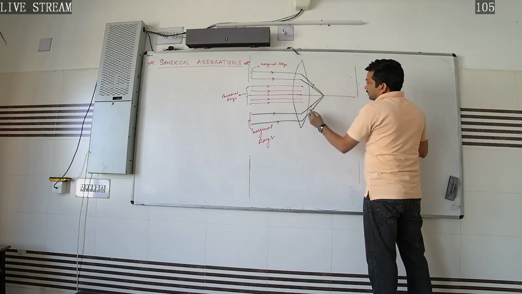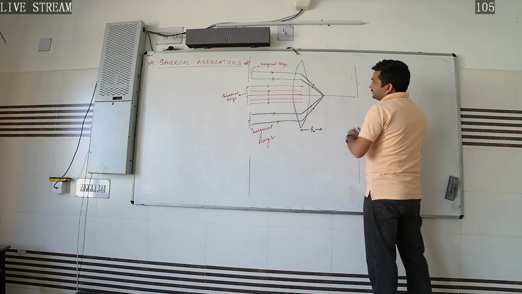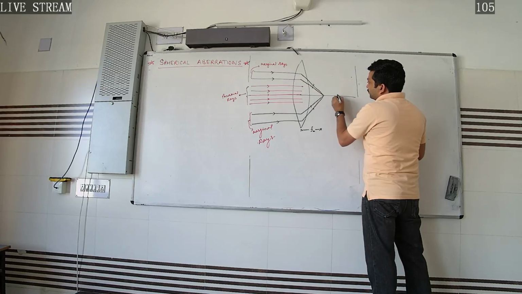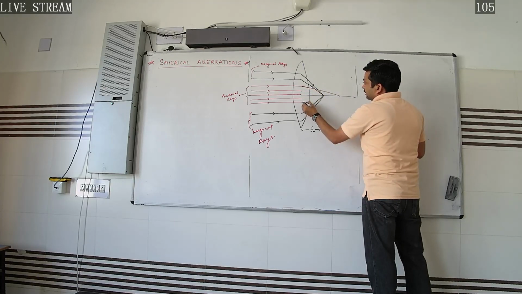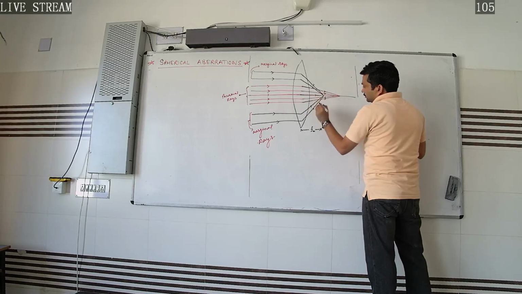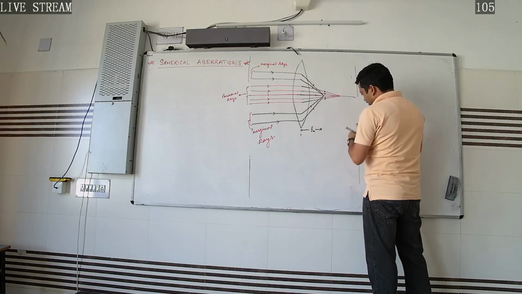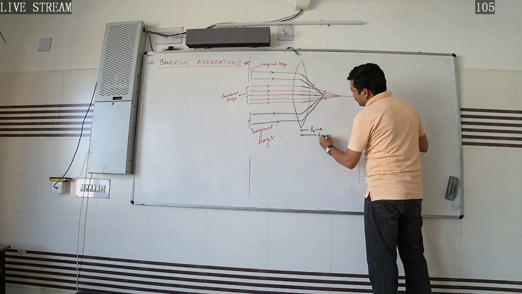So we can say this distance is called the focal length for the marginal rays, and the paraxial rays get focused on the principal axis at a distance greater than the point where the marginal rays get focused, in this way. So this distance is called the focal length for the paraxial rays and is denoted by Fp.